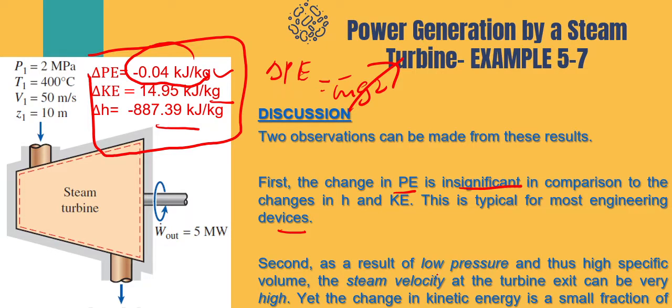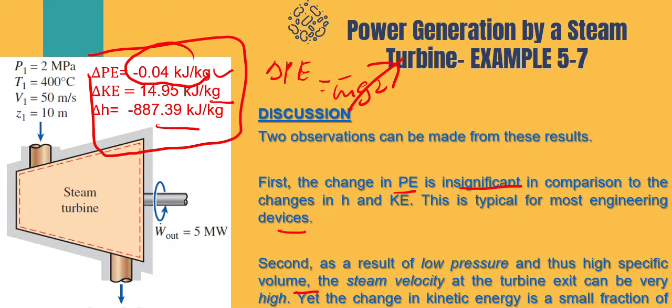And then second, as a result of low pressure and high specific volume, the steam velocity at the turbine exit can be very high. This is very high because you compress it, meaning that you will have a high specific volume, so your velocity should be very high.